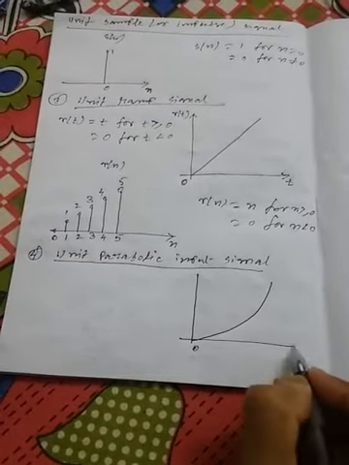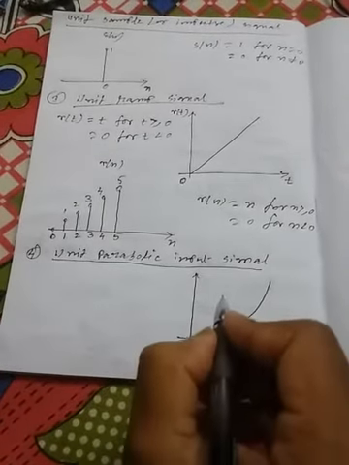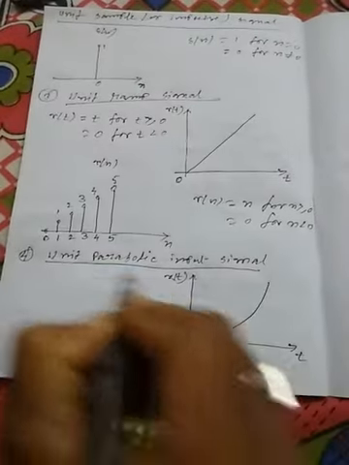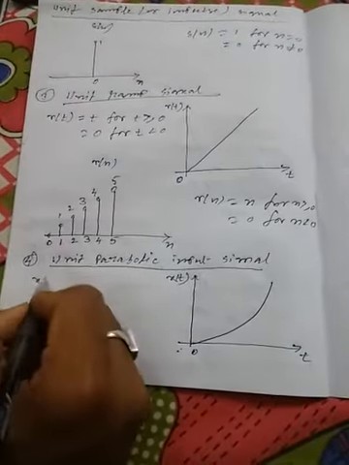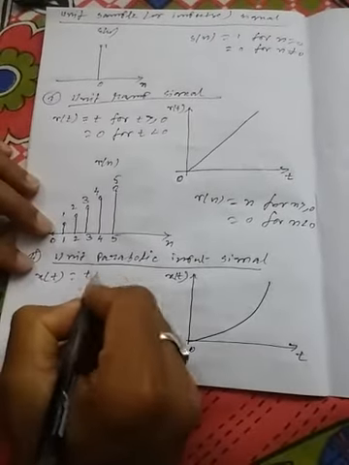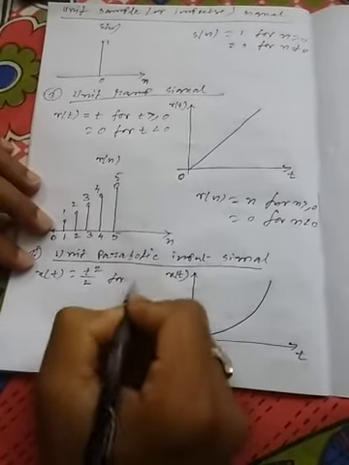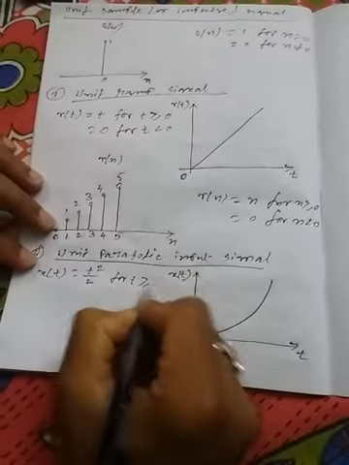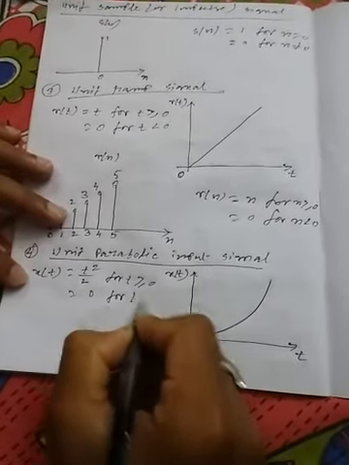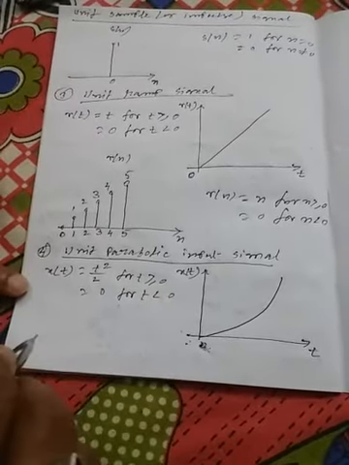This is 0, time t is 0 here, and it can be represented by x of t, right? So x of t can be defined this way: x of t equal to t square by 2 for t greater than or equal to 0, and this is 0 for t less than 0. So this is unit parabolic input signal.